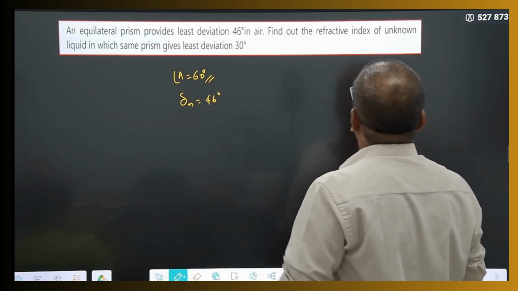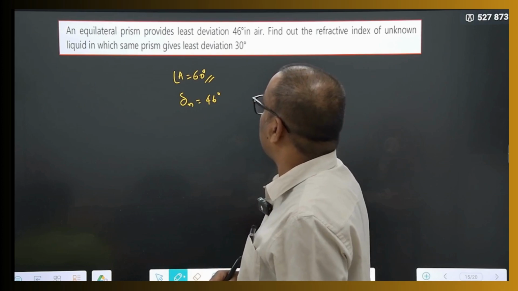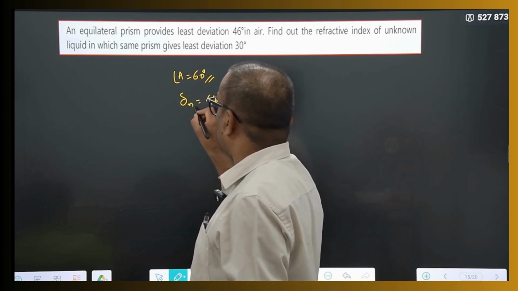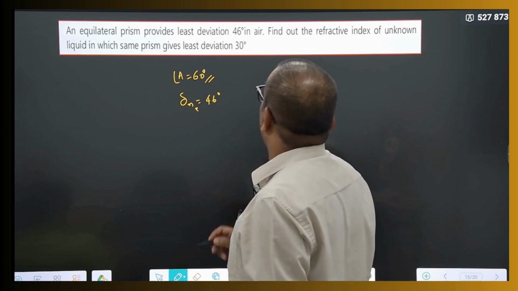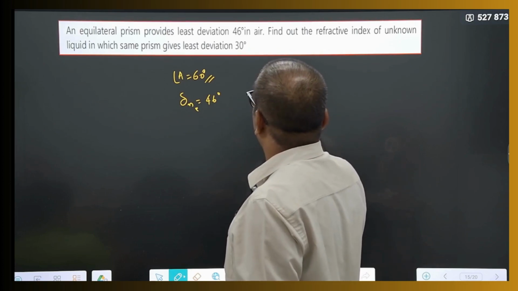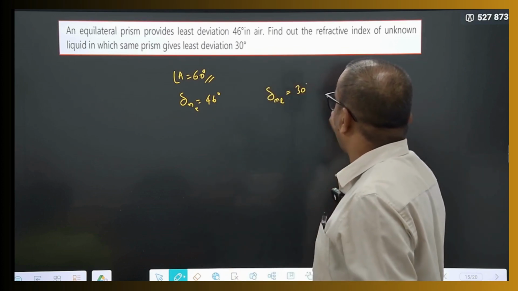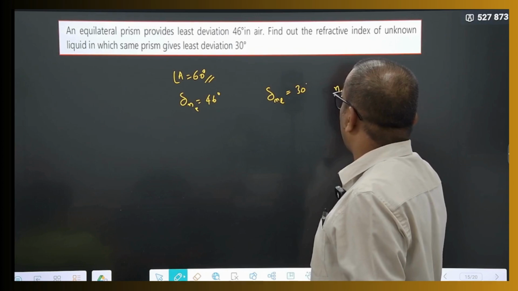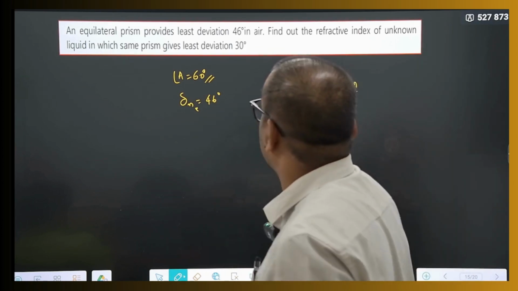Find out the refractive index of the unknown liquid in which the same prism gives least deviation. This is with respect to air, and the angle of deviation with respect to liquid is 30 degree. Clear? Now we want to calculate the refractive index of the liquid.